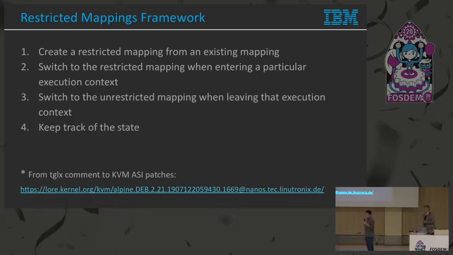There needs to be a way to switch into it and switch back from it. And there should be some machinery to track the state, so the code could understand which address space it is actually using at the moment.